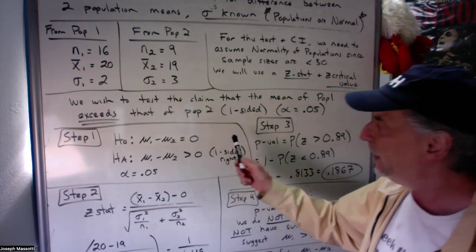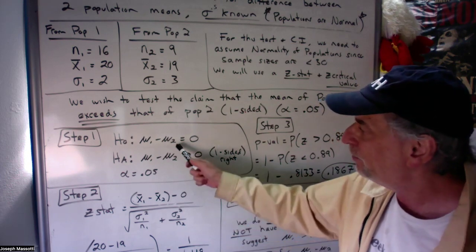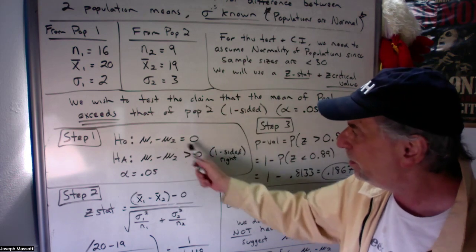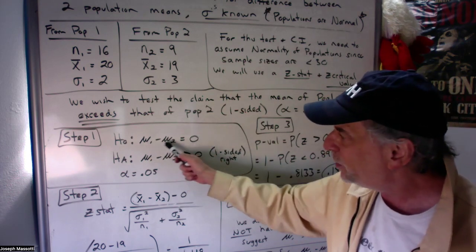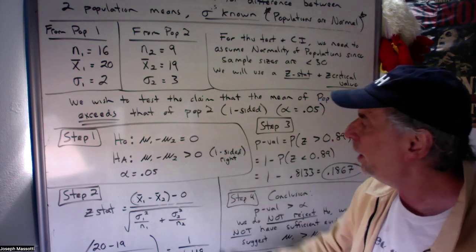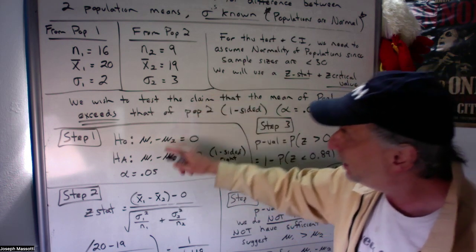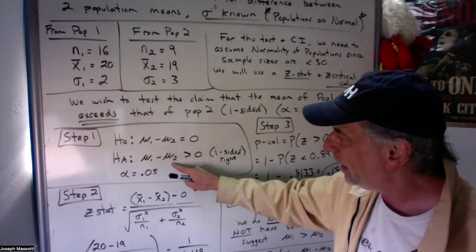So this is one-sided, which changes the form of our alternative hypothesis. Our null hypothesis for differences is still always going to be 0. The difference is 0, meaning there's no difference between the two unknown population means. In this case, we are looking for evidence that the first population mean exceeds that of the second.